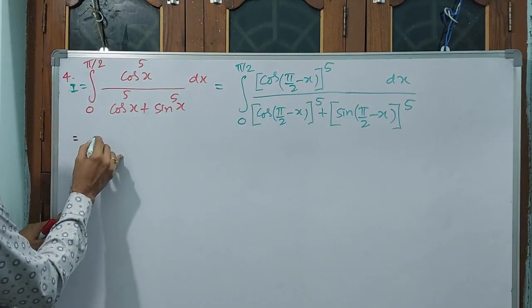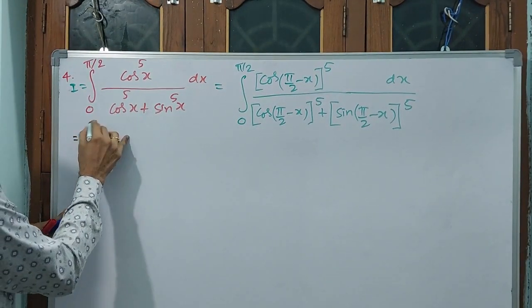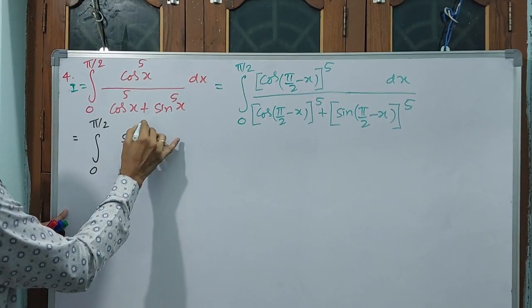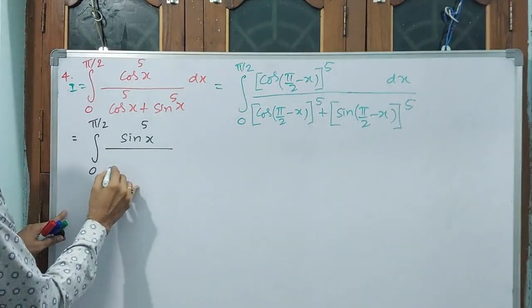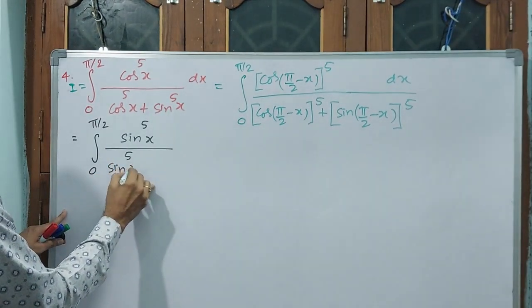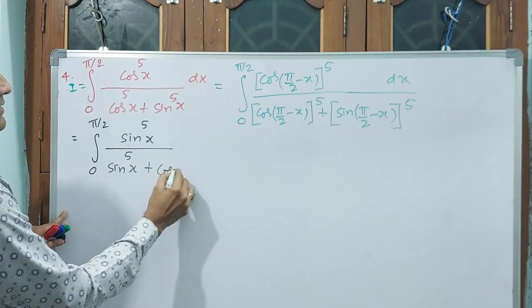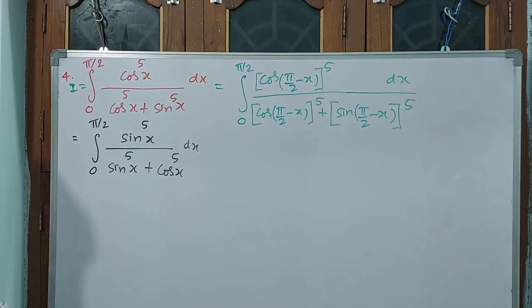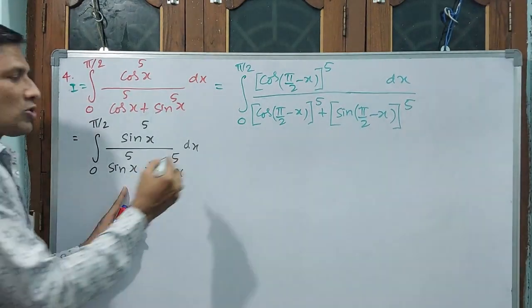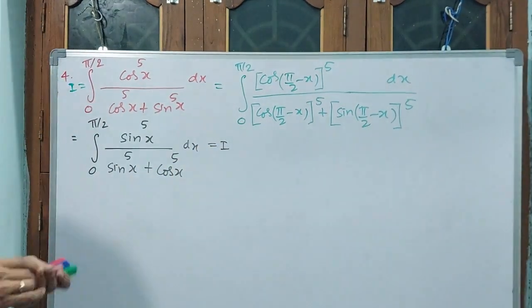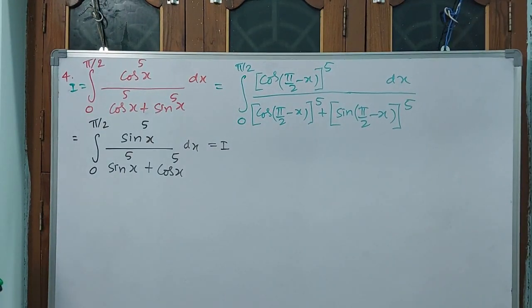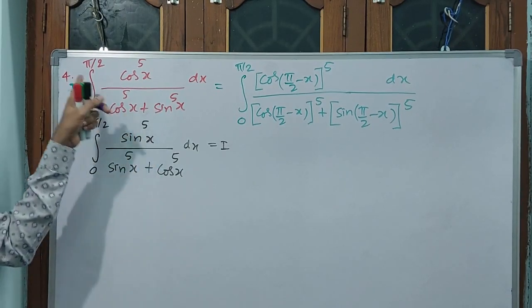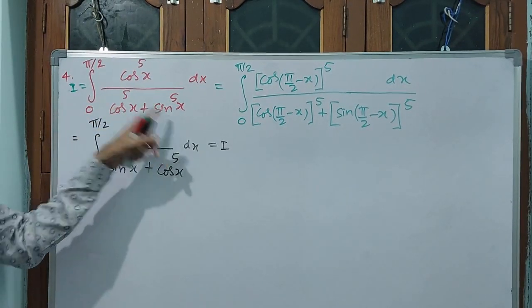That is equal to integral 0 to pi by 2 sin to the power of 5x divided by sin to the power of 5x plus cos to the power of 5x dx. This is also I. Now you see, I is equal to sin to the power of 5x by sin to the power of 5x plus cos x, and I is equal to cos to the power of 5x by cos to the power of 5x plus sin x.